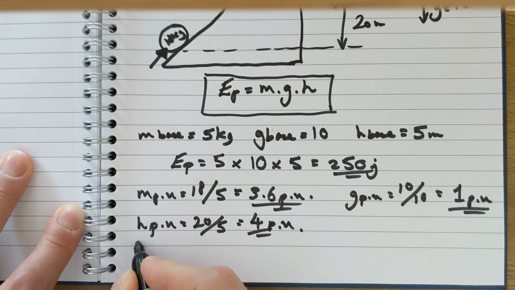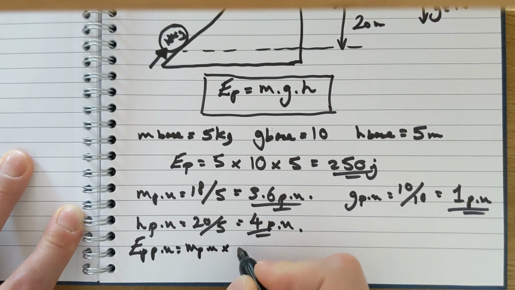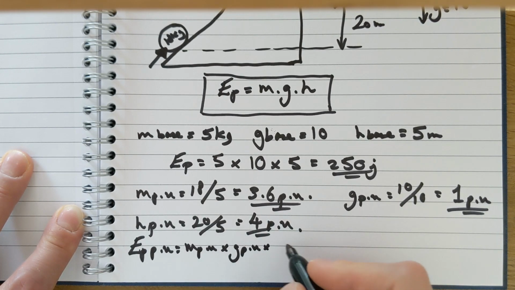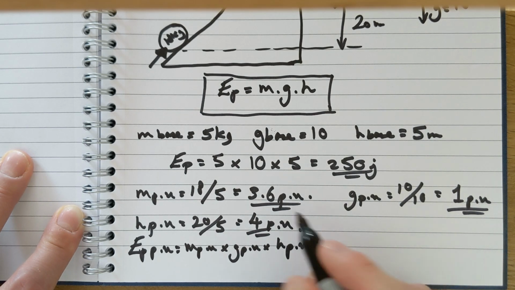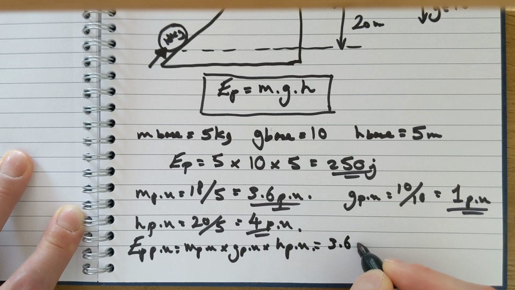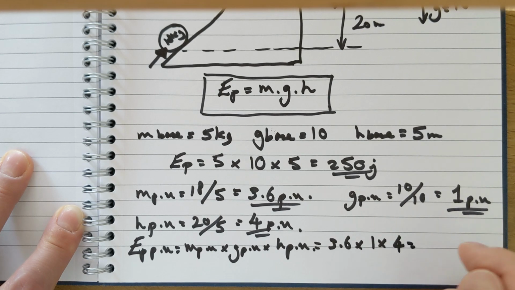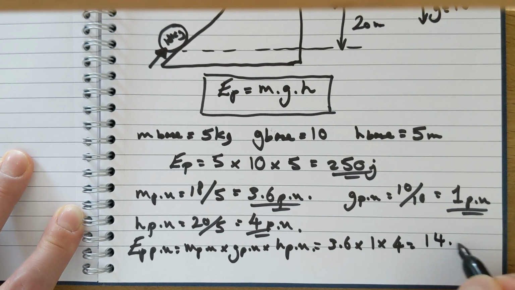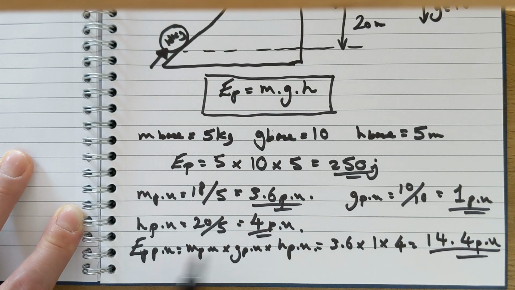So our potential energy in per unit is equal to our mass in per unit times our gravity in per unit times our height in per unit, which is, our mass is 3.6, our gravity is 1, and our height is 4, which equals 14.4 per unit. So that's our value of potential energy.